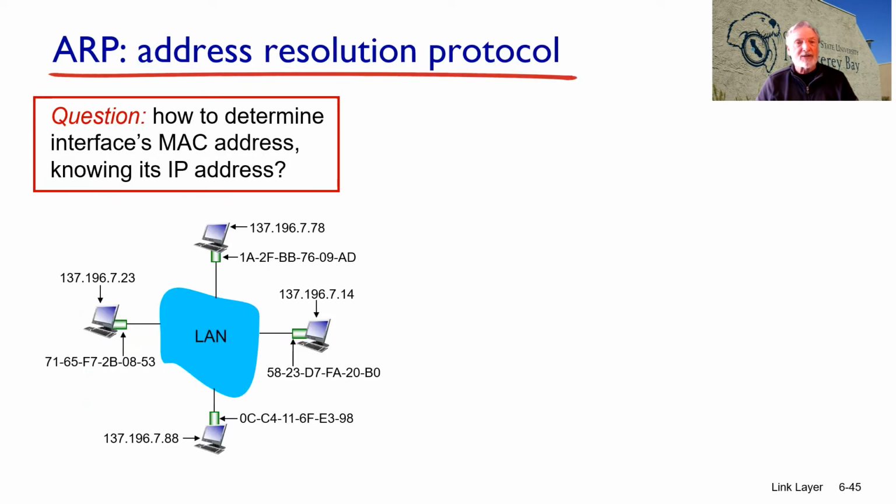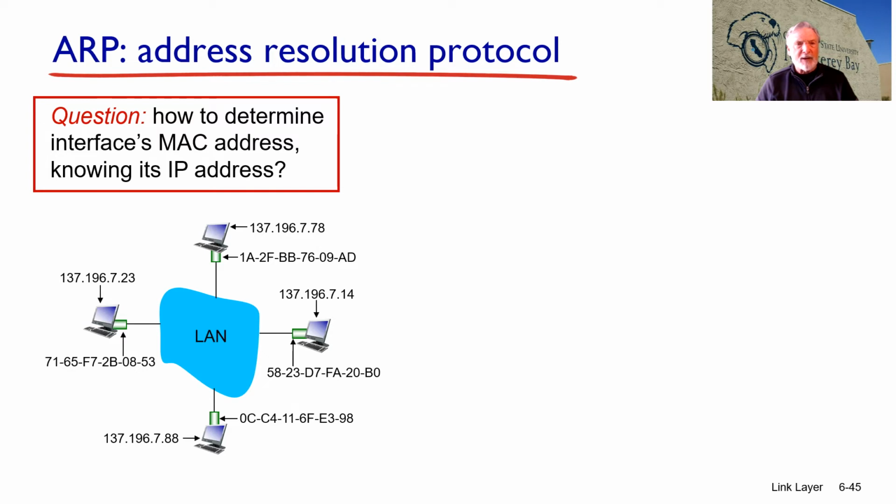So how does a device know how to send datagrams to another device, given that it knows that device's IP address? To get that datagram on the wire, the sending device must know the MAC address of the destination device. To find out MAC addresses, the device uses an ARP, or Address Resolution Protocol.